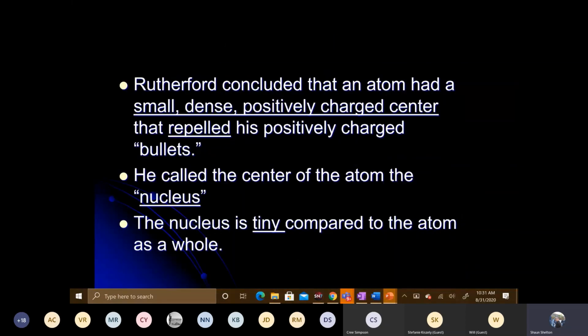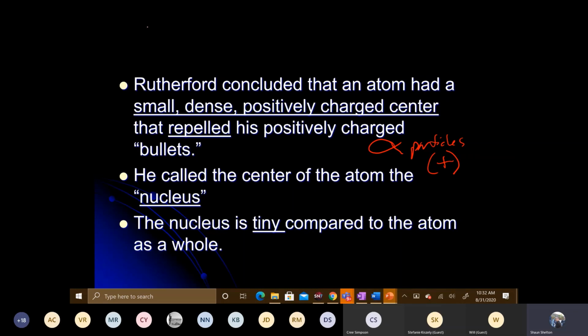So what Rutherford concludes from this experiment is that the atom has a small, dense, positively charged center that repelled the alpha particles. And I'm going to put the alpha particles here. So remember, the alpha particles are positive charged. And so he called the center of the atom the nucleus. And he states the nucleus is tiny compared to the atom as a whole.